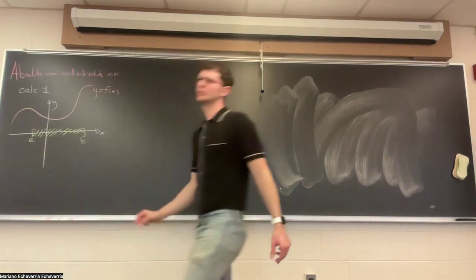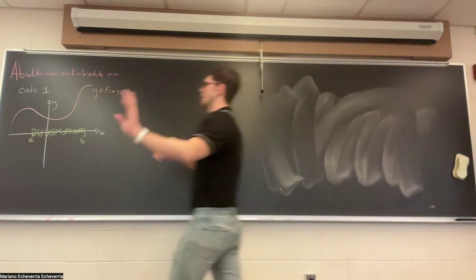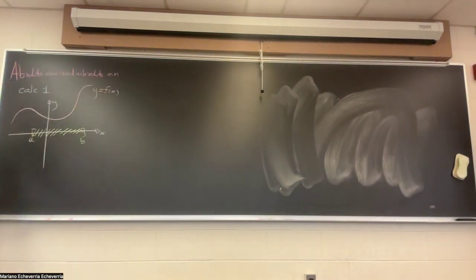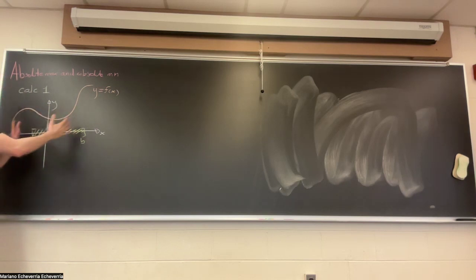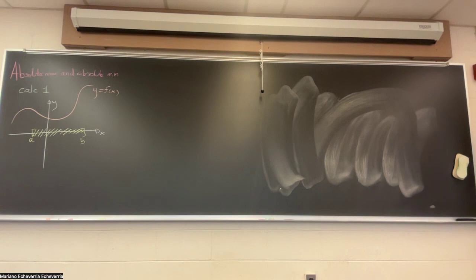The function may have been defined for all values of x, or it could have had a bigger domain, but you only care about how the function behaves on a small interval. The important thing is that it's finite. So you have this interval, and you want to find the absolute max and the absolute min.